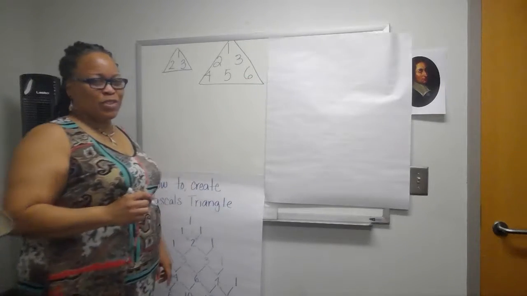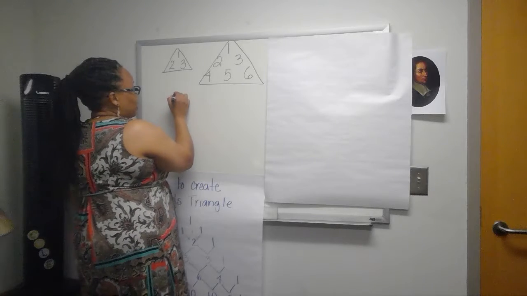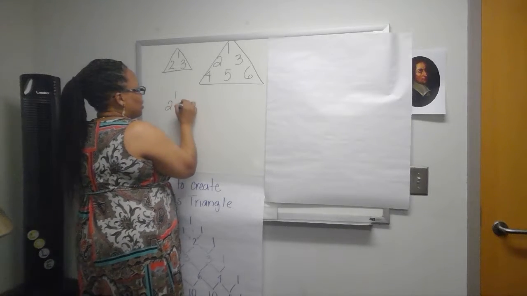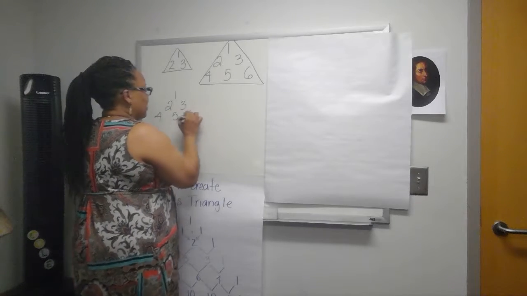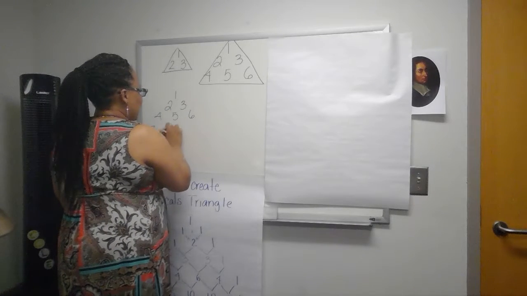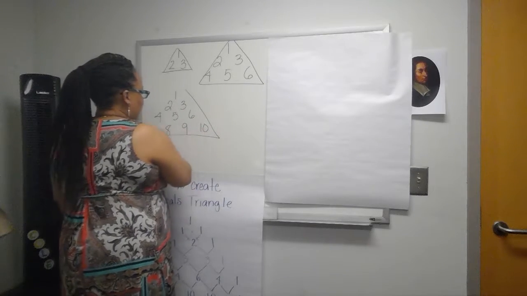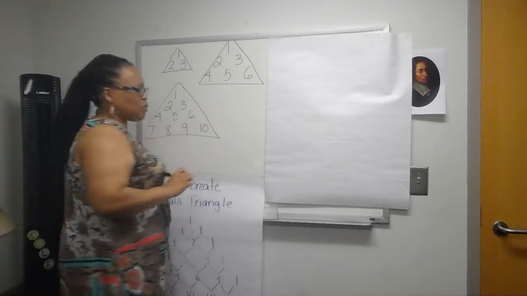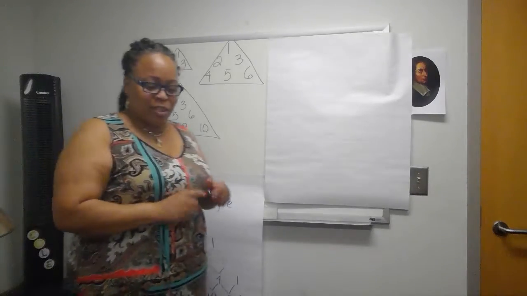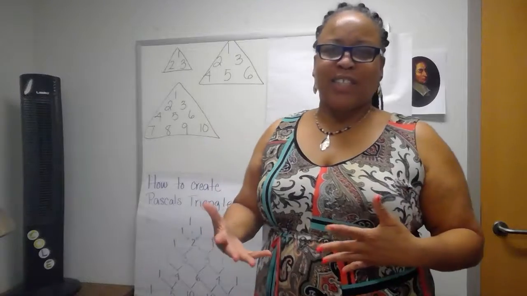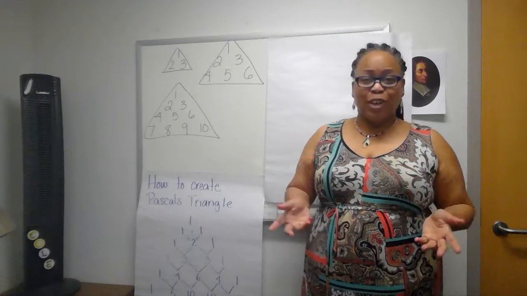It creates another triangle. And the next one in the row is 10. Think of your bowling pins: 1, 2, 3, 4, 5, 6, 7, 8, 9, 10. Horrible triangle, but it's still a triangular number. So those are some of the fun facts that come along with Pascal's triangle.